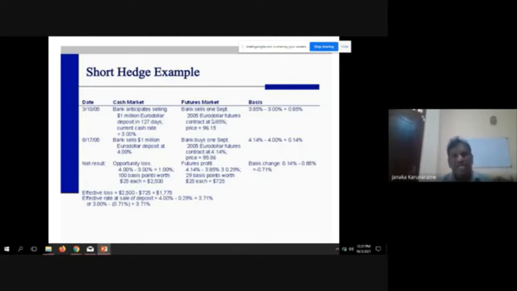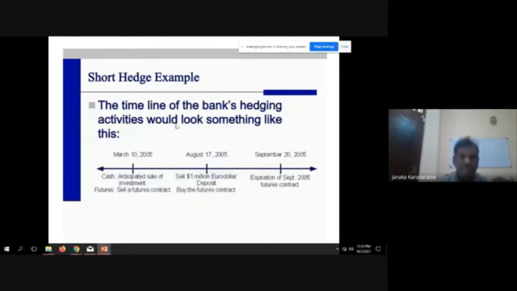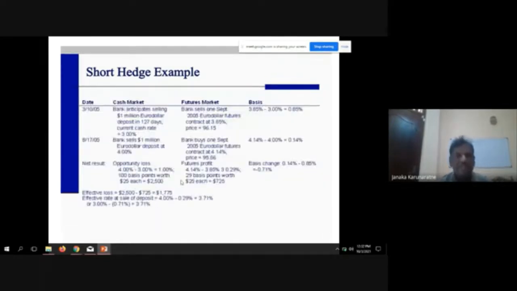Then today in the futures market, the very close contract maturing in September is trading at a futures rate of 3.85. So the price is 96.15. So basis is 3.85 minus 3%, 0.85. So that means futures are trading at 0.85, 85 basis points higher than the cash market, right? Then the bank sells today 1 million euro dollar deposit.